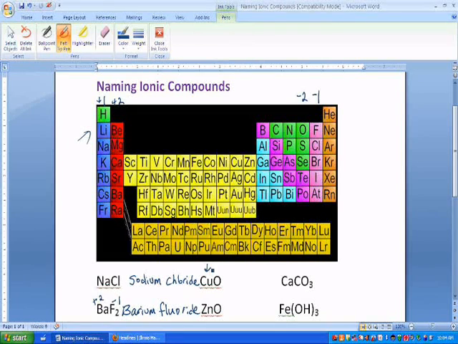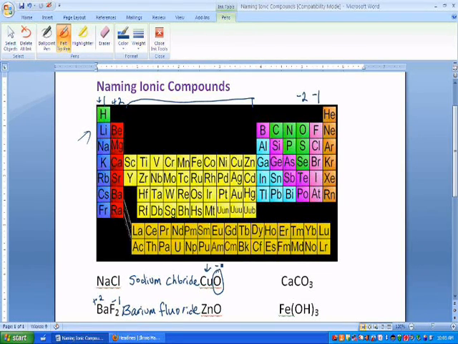So these two examples are slightly different than the previous two examples because they contain a transition metal. Transition metals are the groups from 3 to 12. Some transition metals have multiple oxidation states, so they can have different charges at different times. So what you need to do is figure out the charge according to the anion that you have here, because we know that overall you need to have a charge of 0.